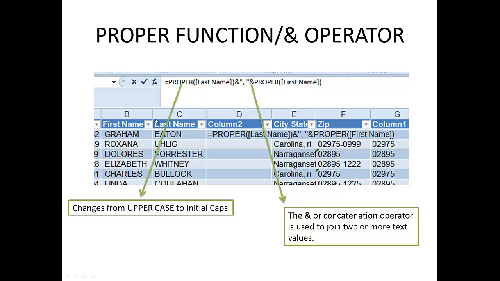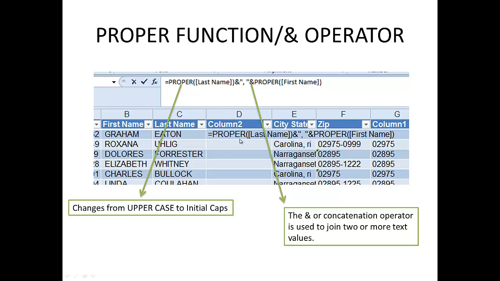What this function will do is combine the first and last name columns into one column, and it will also, because of the AND operators, insert a comma and a space in between the last name and the first name.